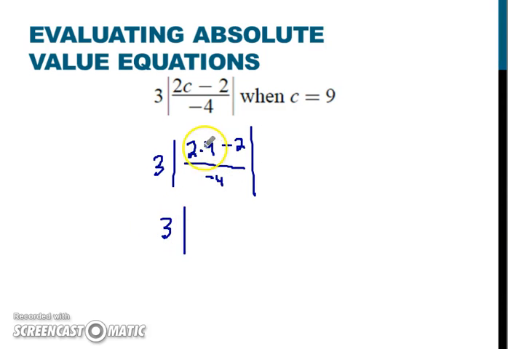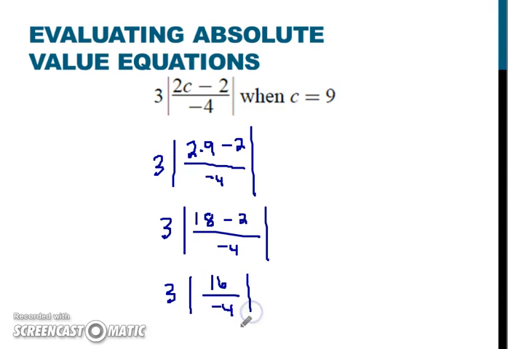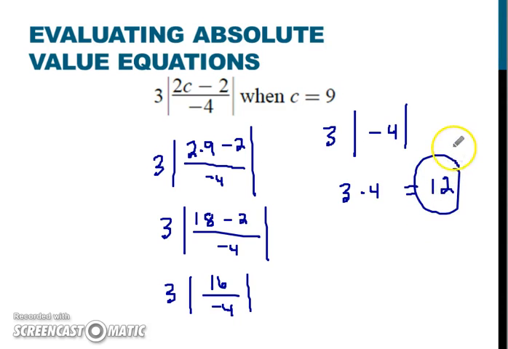So 3 times the absolute value, 2 times 9 is 18, minus 2, all over -4. Then I have 3 times the absolute value, 18 minus 2 is 16, over -4. Over here, 3 times the absolute value, 16 divided by -4 is -4. The absolute value of -4 is 4, so 3 times 4, and in this case, my answer is 12.